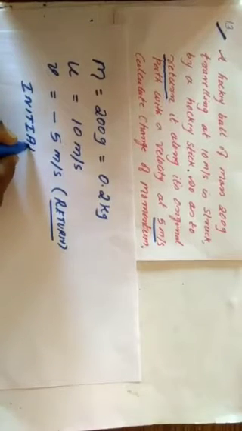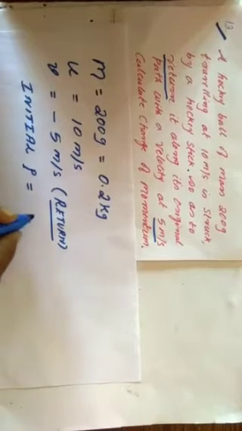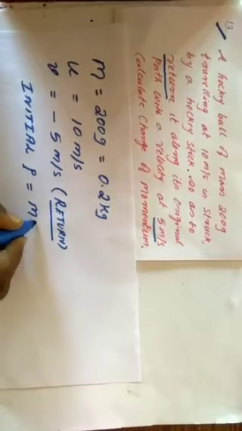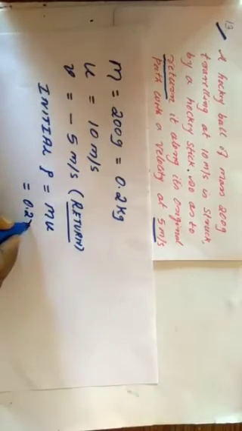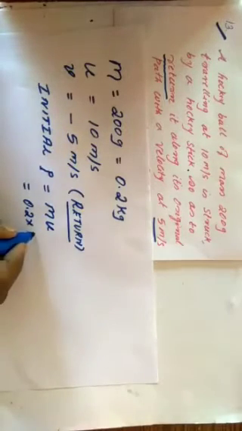Now we need to find out the initial momentum of this. What is the initial momentum? Momentum I will represent as P. Initial momentum is nothing but m into the initial velocity, that is u. So P is equal to m into u, that is 0.2 into 10.